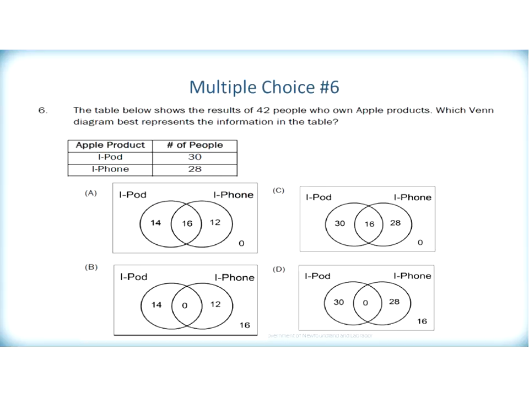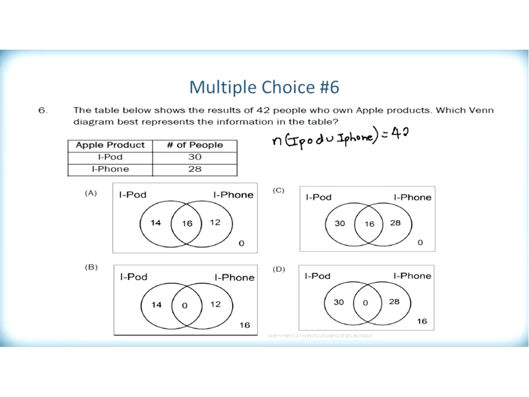The table below shows the results of 42 people who own Apple products. Which Venn diagram best represents the information in the table? So if we know that it shows the results of 42 people who own Apple products, the union of the iPad and the iPhone would equal 42.